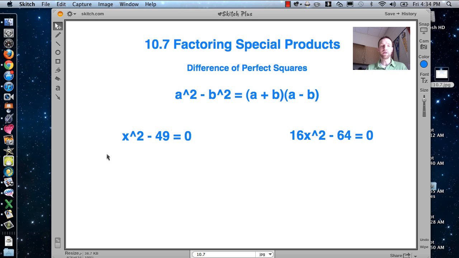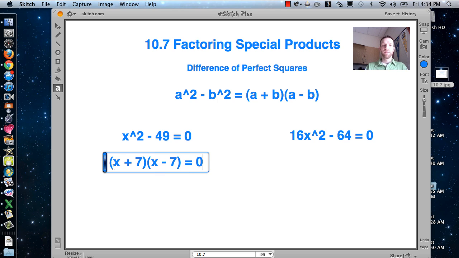Once you know the pattern, this allows you to quickly factor this and make it look like x plus 7 times x minus 7, and we'll have this equal 0. x is the square root of x squared, 7 is the square root of 49. So those are the two square roots, x plus 7, x minus 7. You can always fit that pattern.